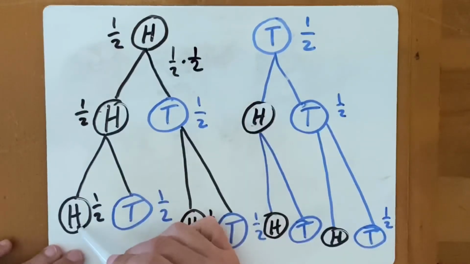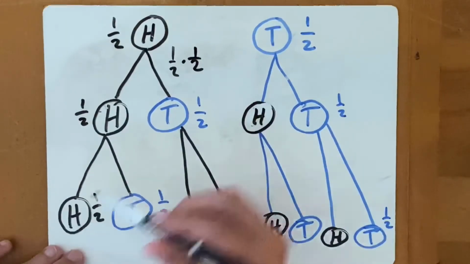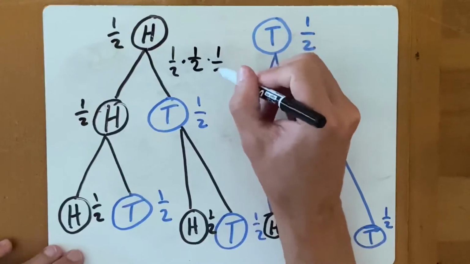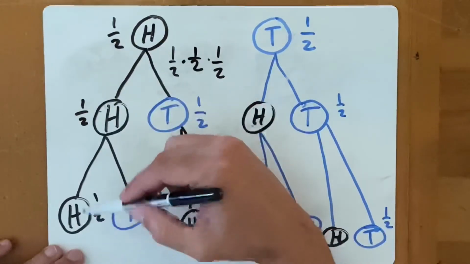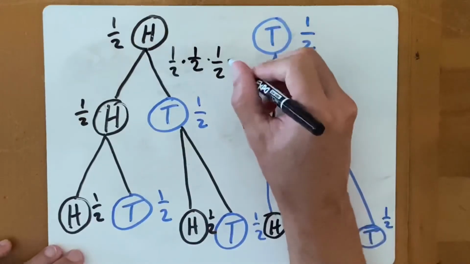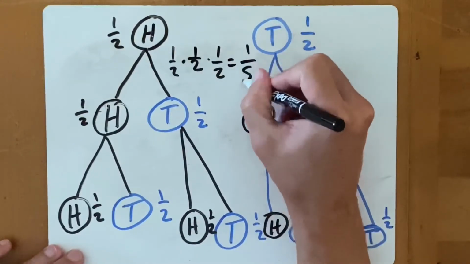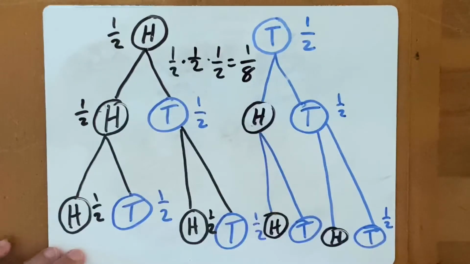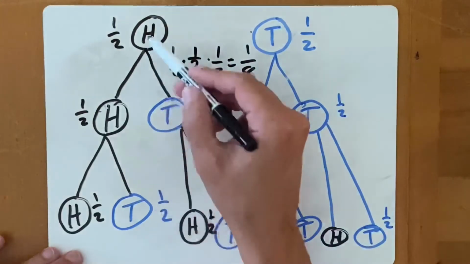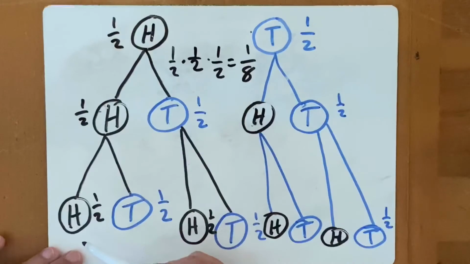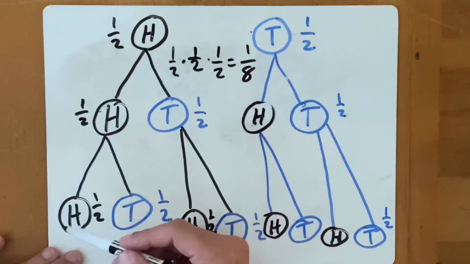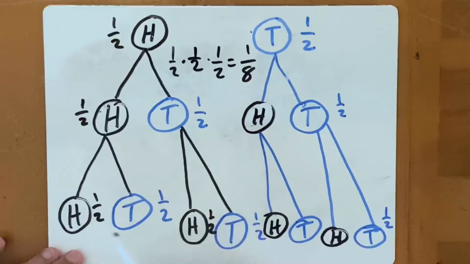And then I also have a 1/2 probability of it coming up heads on the third flip. I simply multiply the 3 individual probabilities together, and that gives me the probability of it coming up heads all 3 times, which is 1 out of 8. Obviously, since there are 8 total possibilities, it can only happen one way for all heads to come up on each flip. So that's 1 favorable outcome out of a total of 8 possible outcomes.